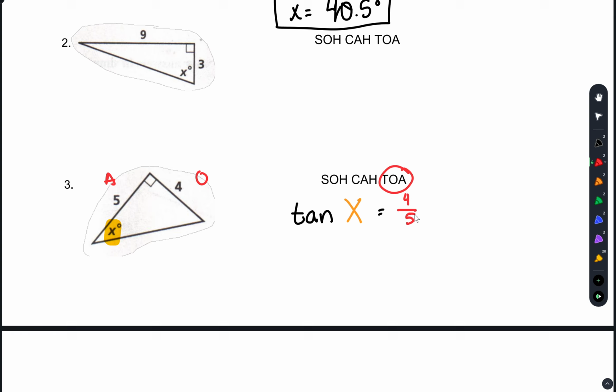If you want to skip the next step where you do the tangent inverse of both sides, that's fine by me. I'm going to write it like this. Tan inverse, tan inverse. So I'm left with, tan inverse cancels out tan. X equals tangent inverse of 4/5.